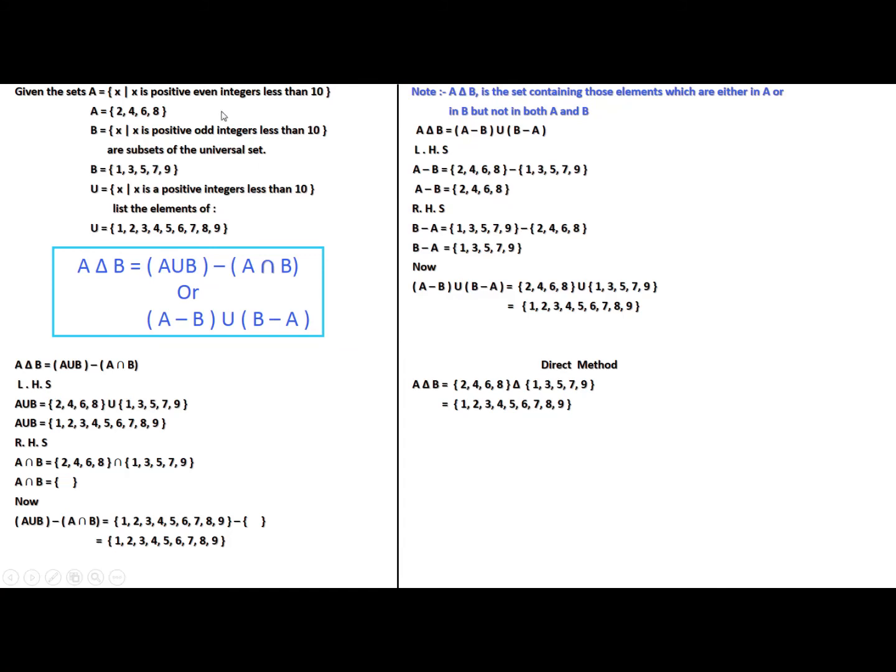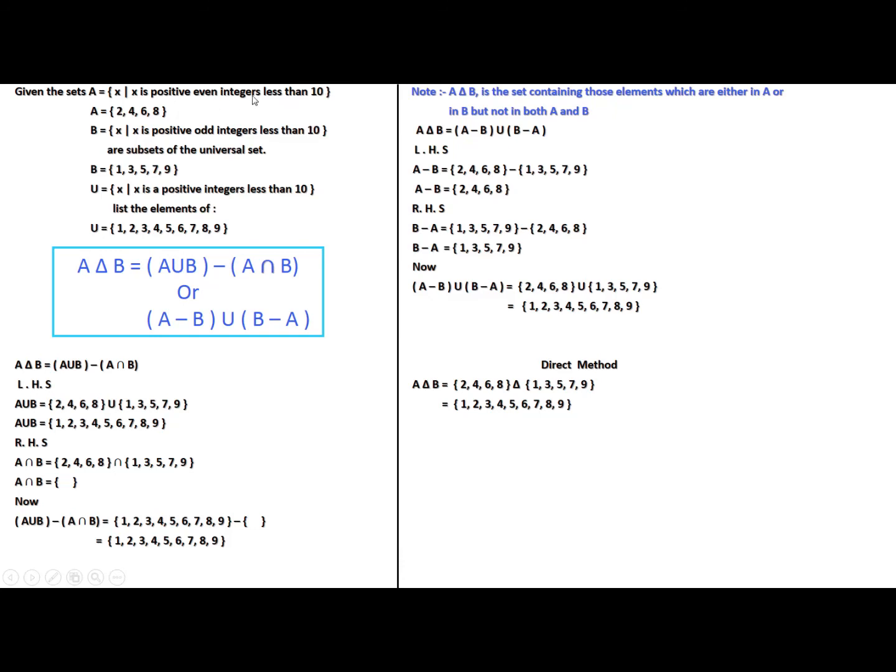Now students, we are going to learn how to find the symmetric difference. So first see, this is set builder notation, and there it is written how we have to read it. A is equal to bracket x such that x is a positive even integer less than 10.